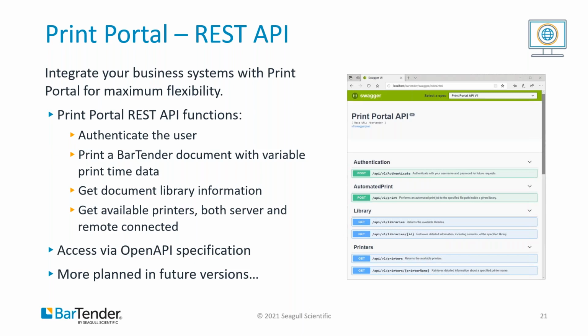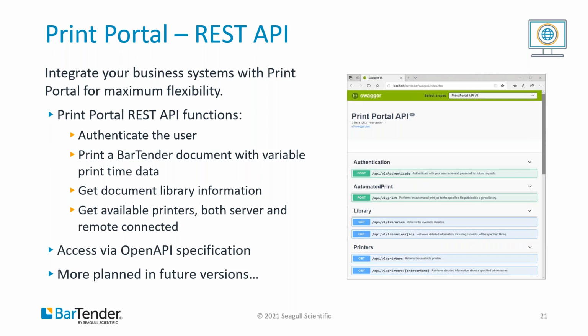Now with the REST API in BarTender 2021, basically this is version 1 of the REST API, so we can only perform relatively straightforward functions. So for example, you can authenticate the user. Because this is a web application, we may want to ensure that the user is allowed to make use of the API.